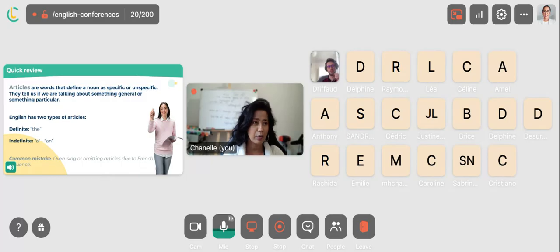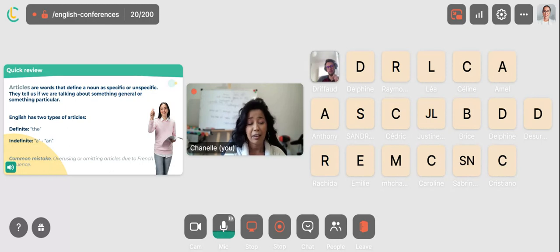So let's do a quick review of the articles. Articles are words that define a noun as specific or unspecific. They tell us if we are talking about something general or something particular. English has 2 types of articles. The definite article, which we know as the. En français, c'est le, la et les.